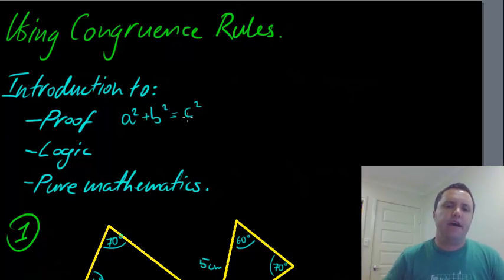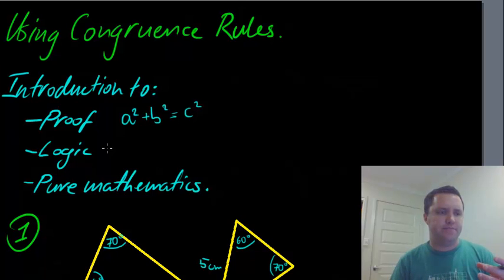Additionally, these congruence rules will help you with logic, which is a mathematical area where you're answering questions with a mathematical argument. Starting to think this way using quite easy examples like congruent triangles will really help you with that.